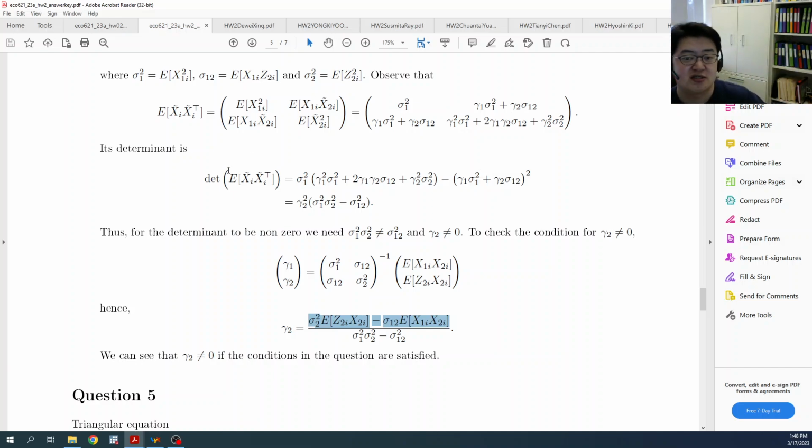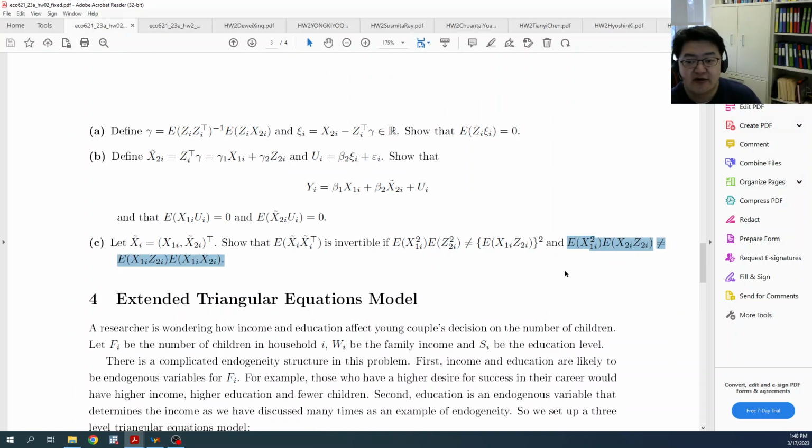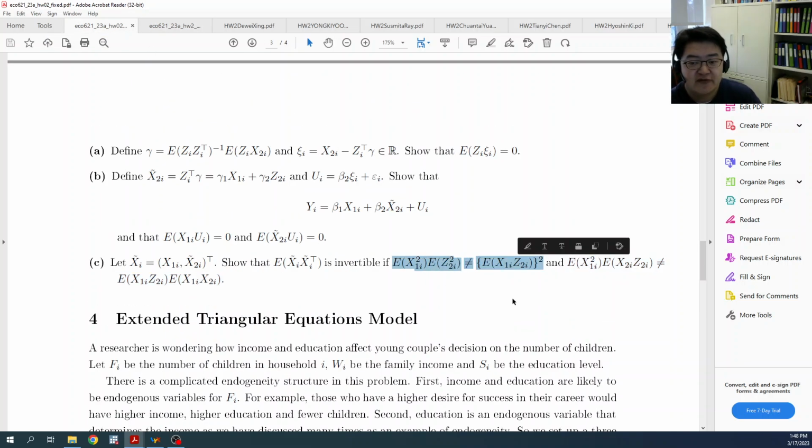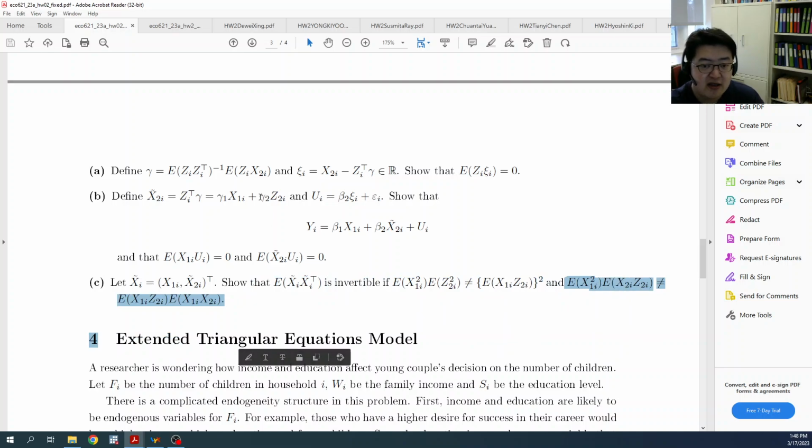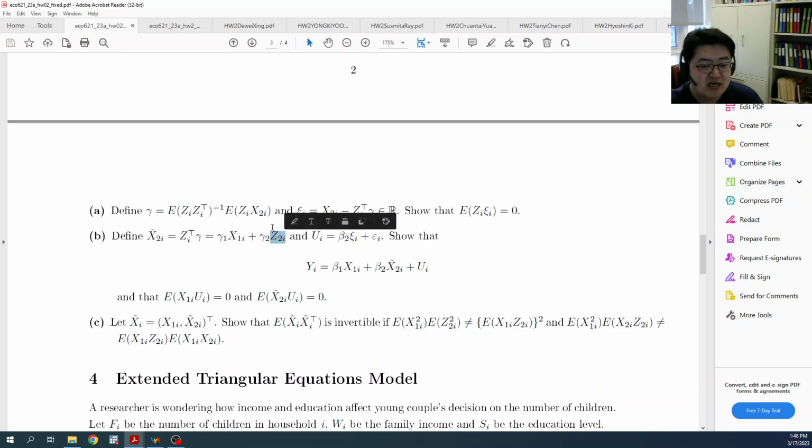We need two conditions, and that is intuitive because the first condition implies no multicollinearity between these two guys, right? No multicollinearity between these two guys. And the second condition is that gamma 2 is non-zero, which means the instrument is correlated with the endogenous variable.